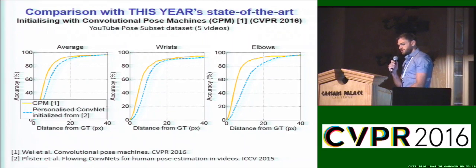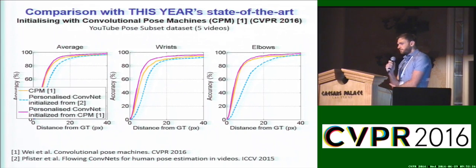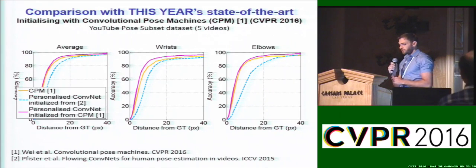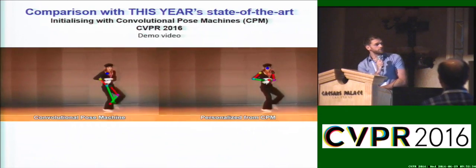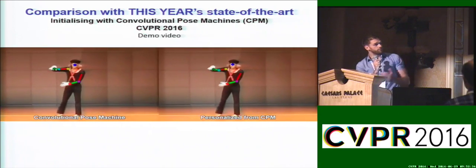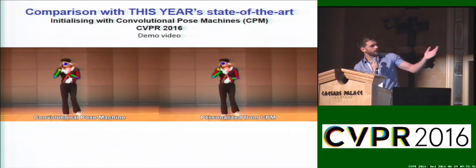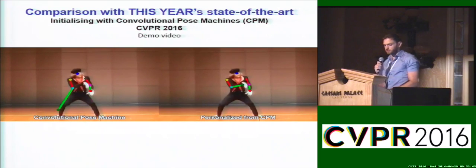This is the performance of the convolutional pose machine, which works very well and gives us a better starting point for personalizing. And this is the performance that we get from actually personalizing from the CPM. And here we have the output video, which shows the quality difference between personalizing and the convolutional pose machine on a difficult section of video.